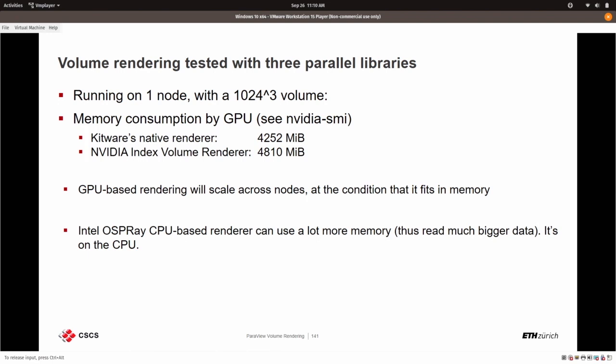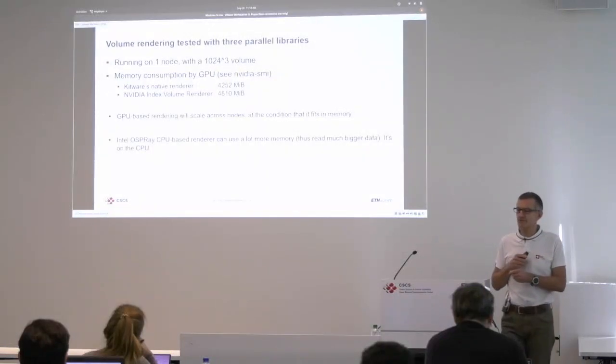Well, the consumption of memory using the native renderer or the IndeX renderer is more or less the same. IndeX uses a little bit more memory, but that's not a problem. However, this tells you something very important. The memory on the GPU side will be the limiting factor.